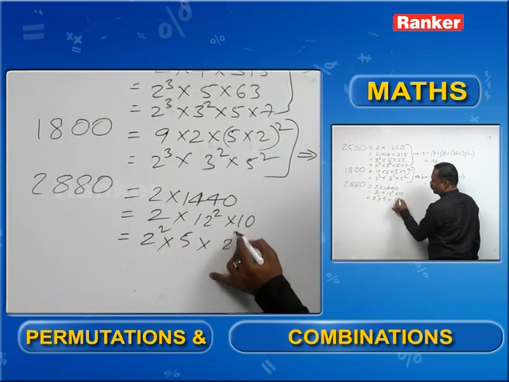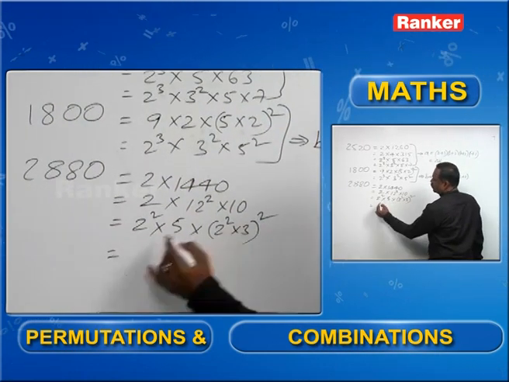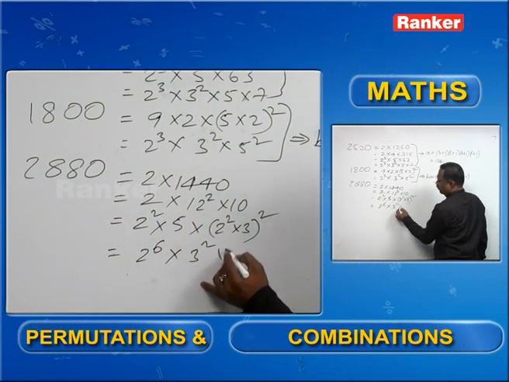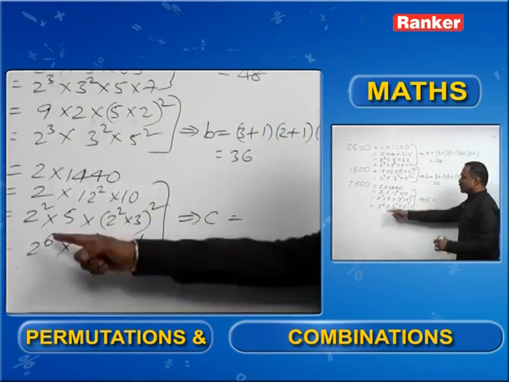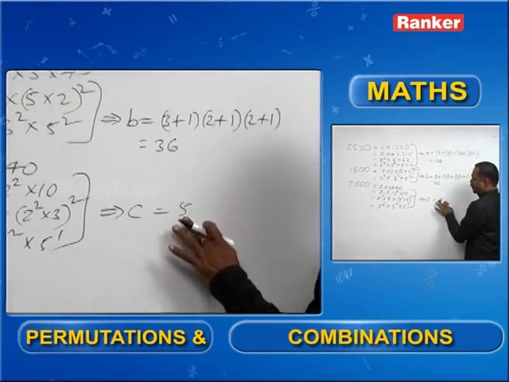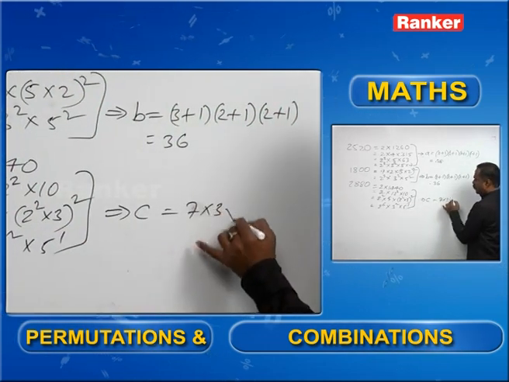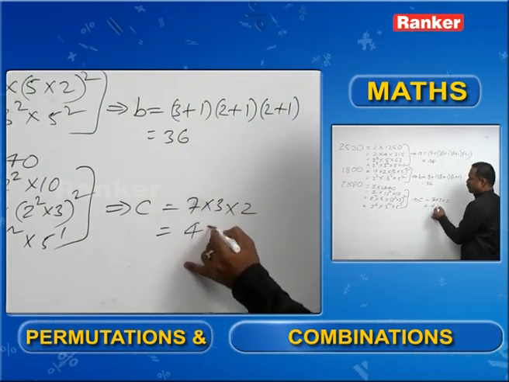So 2 square into 3 square, which is nothing but 2 power 4, then 2 power 6 into 3 square into 5 power 1, which is nothing but C is equal to 6 plus 1. I'll write directly: 7, 2 plus 1, 3, 1 plus 1, 2, 7 3 is 21, 2 is 42.